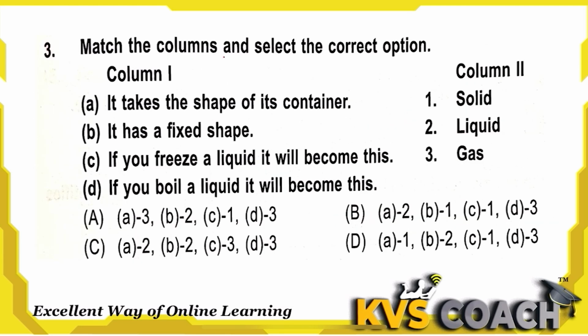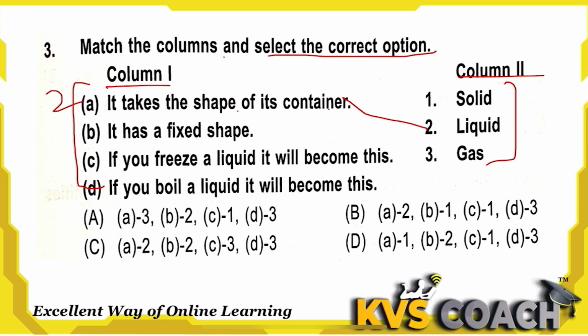Next is, match the columns and select the correct option. Column 1 is the properties of matter and column 2 is the states of matter. Let's check. It takes the shape of its container. Liquid takes the shape of its container, so A is 2. It has a fixed shape. Only solids have a fixed shape, so B is 1.